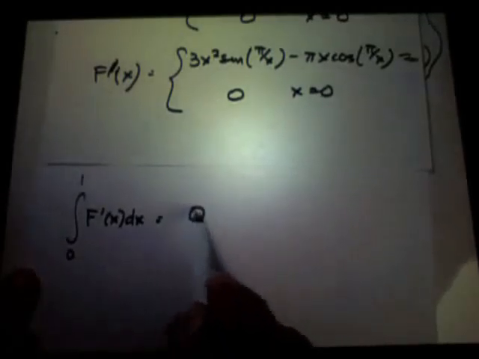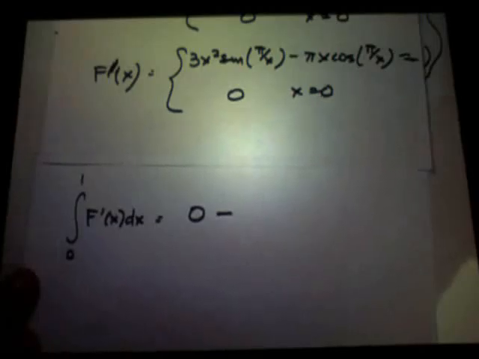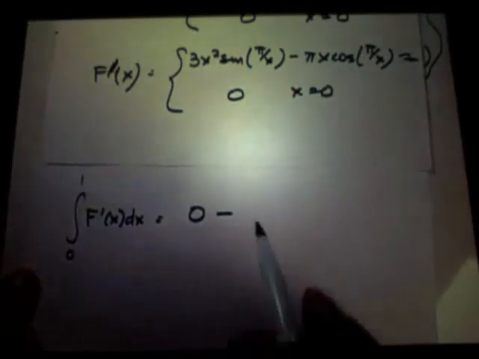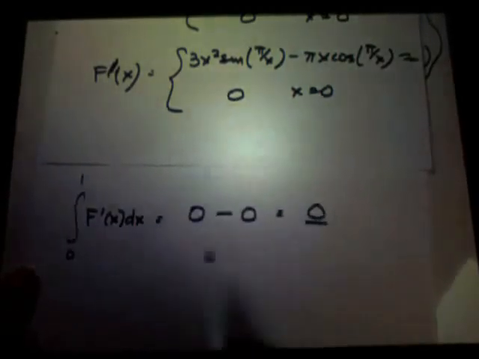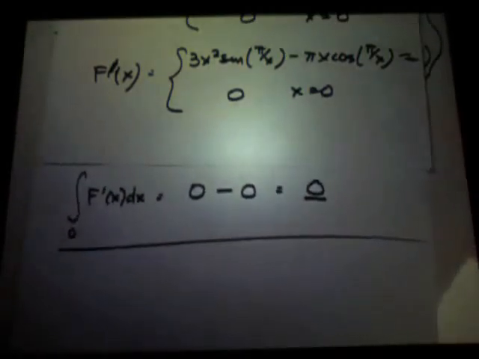So it's going to be 0 minus the function at 0, which is 0. So I think the Cauchy integral vanishes. Anybody see anything wrong with that?